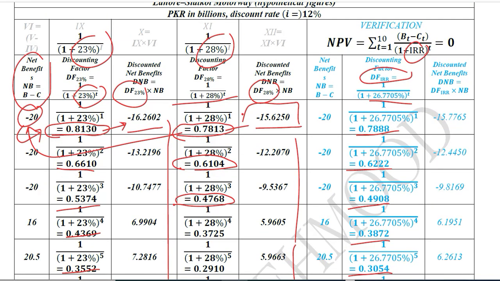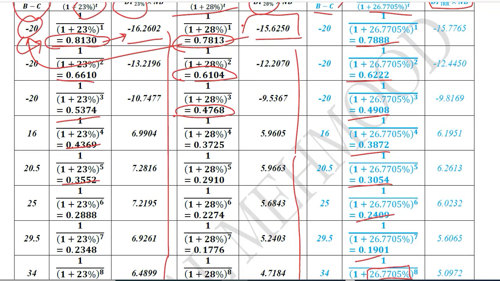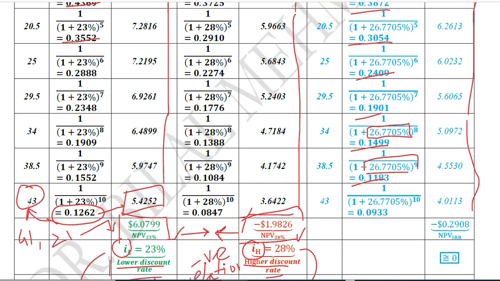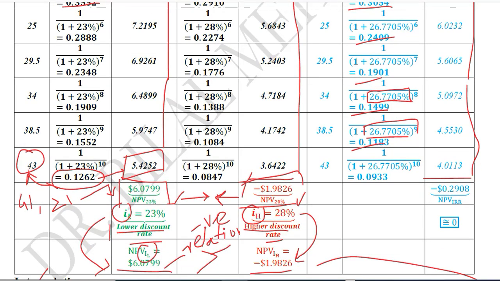Once we have calculated the discounting factor at IRR, we are going to multiply it with the net benefits, and we will get the discounted net benefits at IRR. So these will be the values which we can sum to get the NPV, and here they are added, all these 10 values. The answer is minus 0.2908. So it is nearly equal to 0.